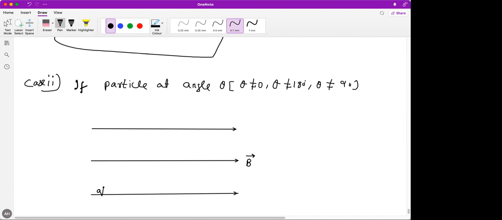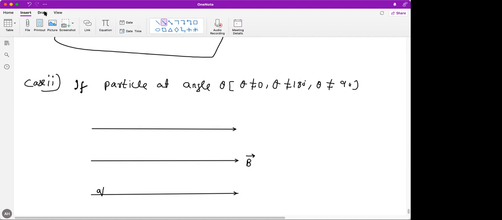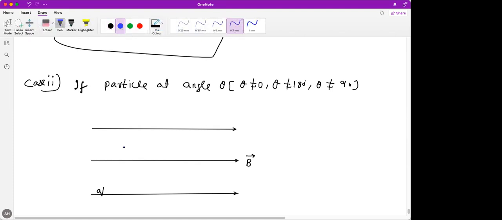This is charge Q, and this Q is moving with some velocity V. The angle between the magnetic field and the velocity is theta.